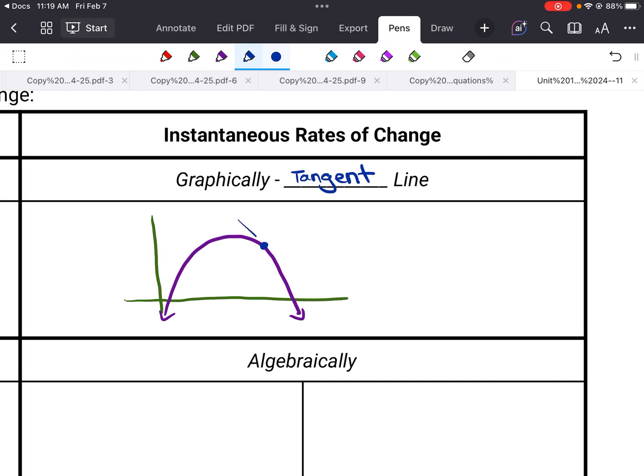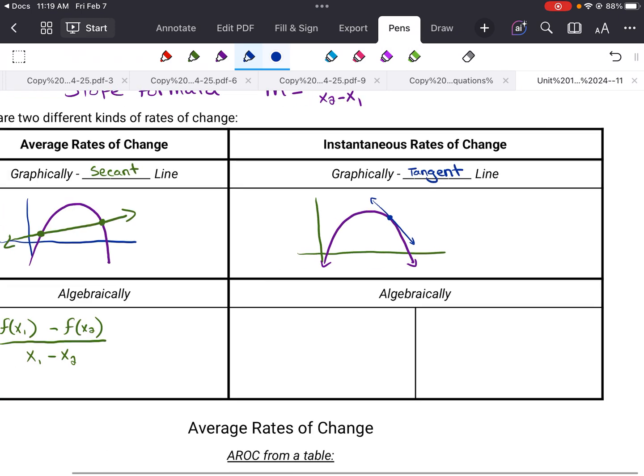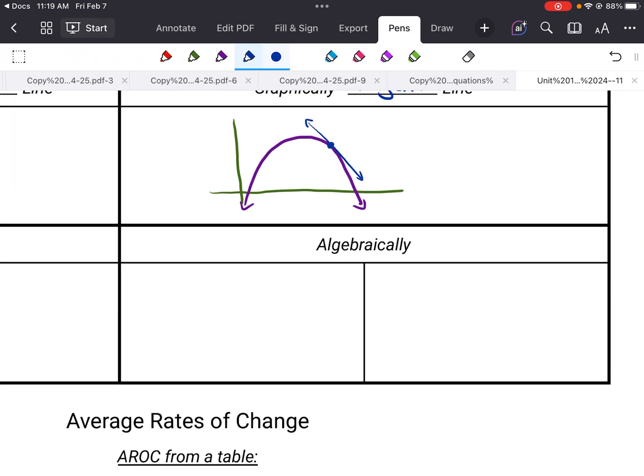So it just grazes that one spot, a specific x value on the graph. So it's what is the slope at that one point. It's instantaneously changing at a different amount each time, so we want to know it at one specific point.